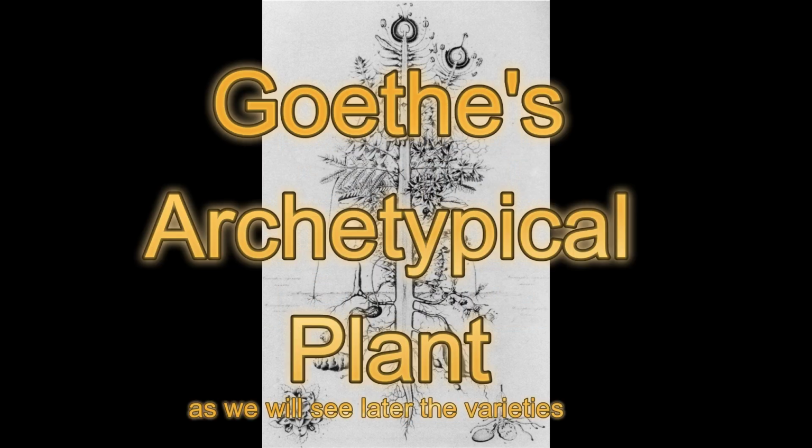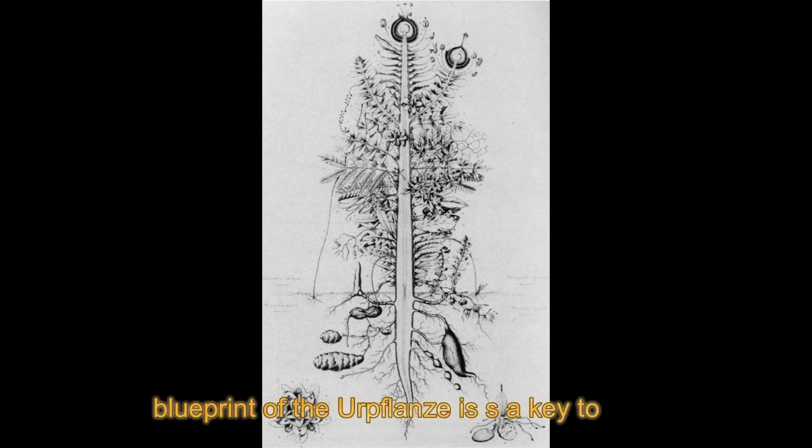As we will see later, the varieties of the blueprint of the Urpflanze are a key to understanding the essence of the Voynich Manuscript.